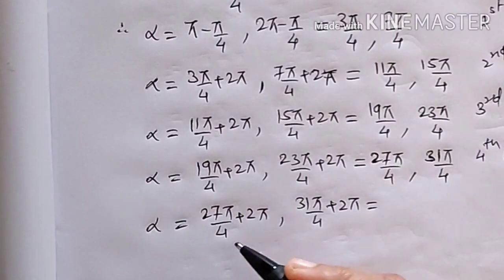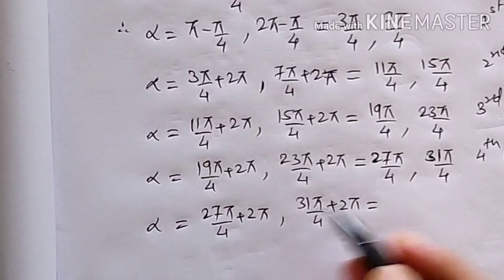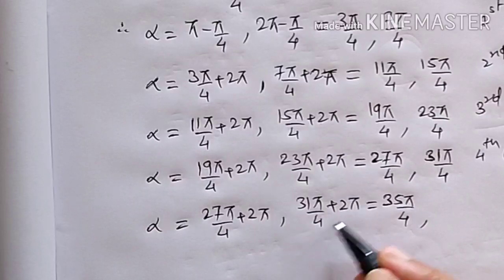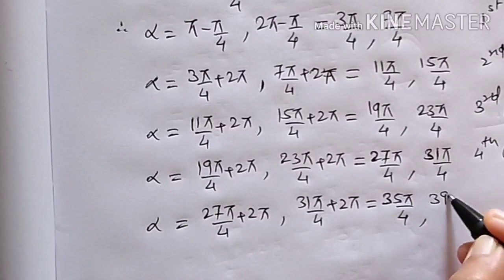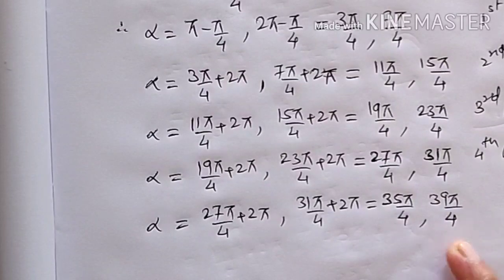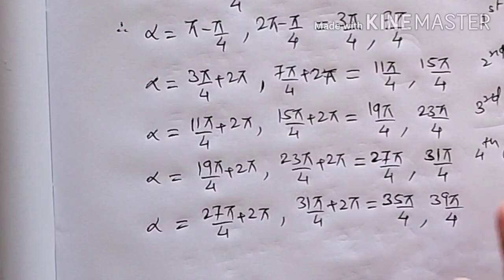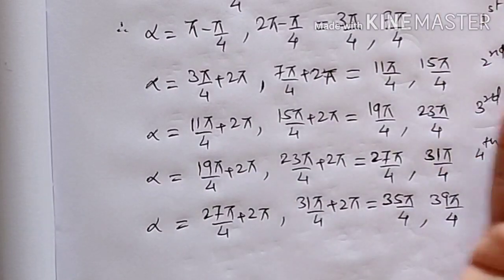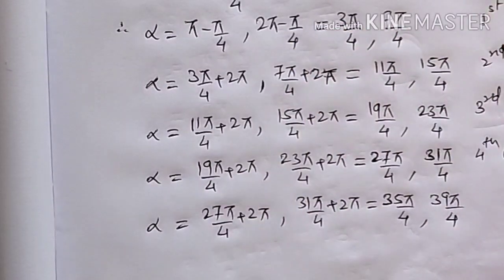So we get 27 plus 8, 35 pi by 4 and 31 plus 8, 39 pi by 4. Is it possible? Can we have this? Yes. We can't go beyond this. If it is 49 pi by 4, then we get 10 pi, right? So it is less than 10 pi. So all these are the possible values for alpha.